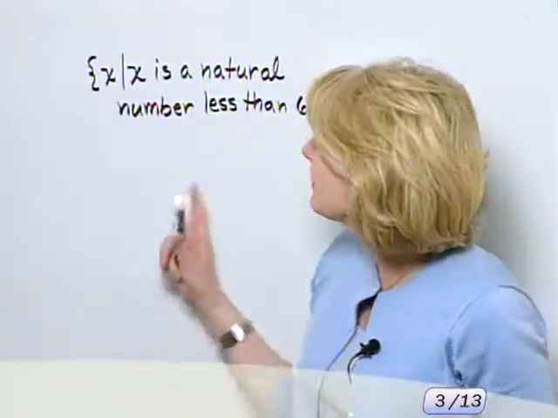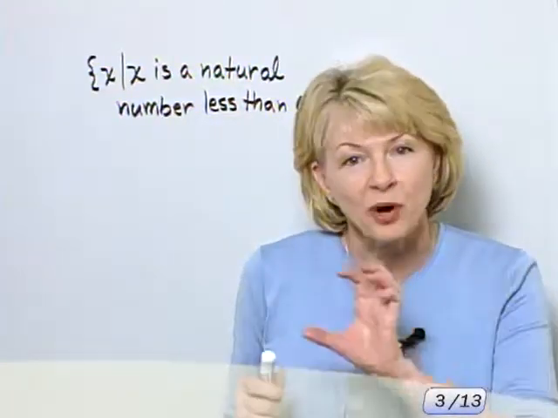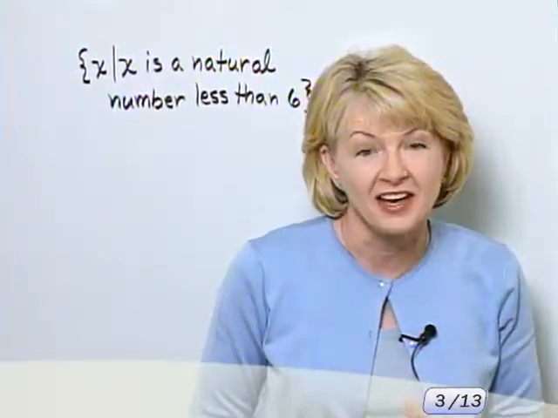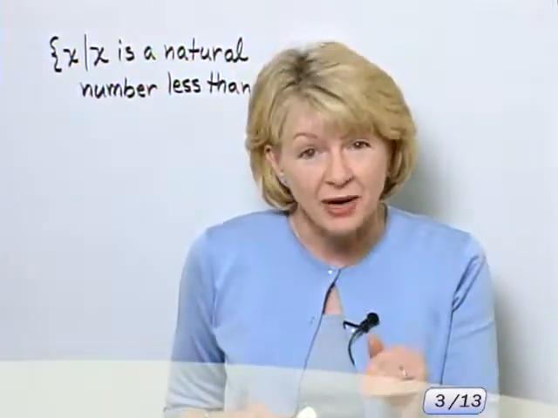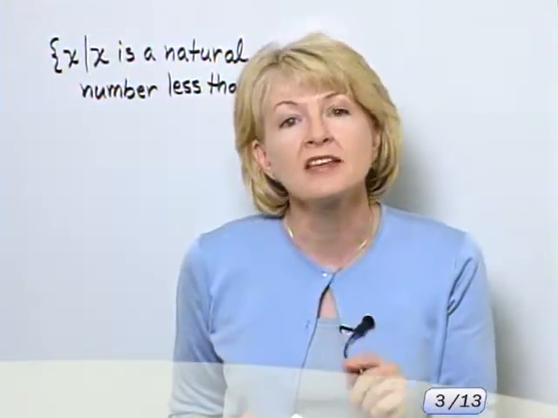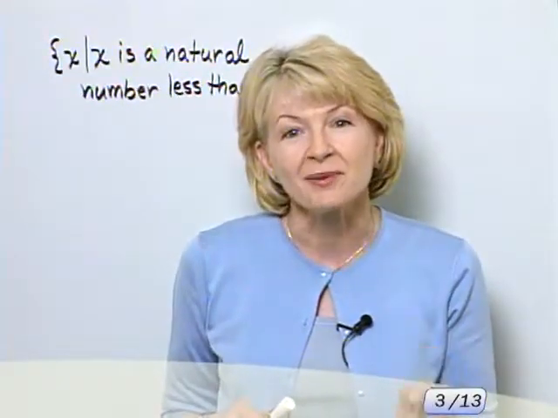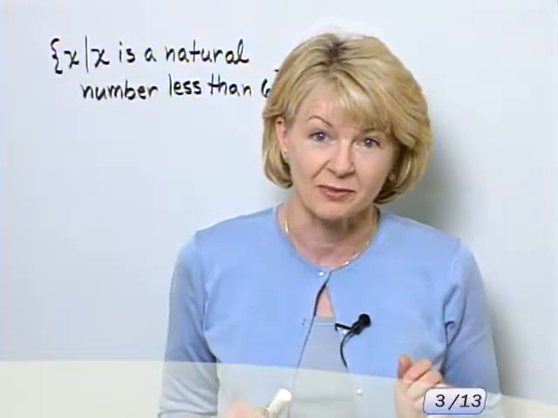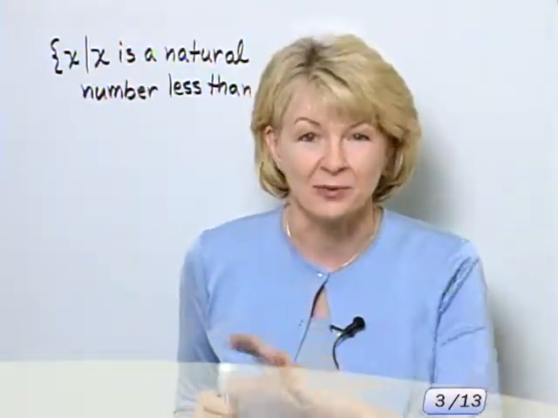By the way, from our definition of rational numbers and irrational numbers, can you see that every real number then is either a rational number or an irrational number? There are no numbers that are both rational and irrational.